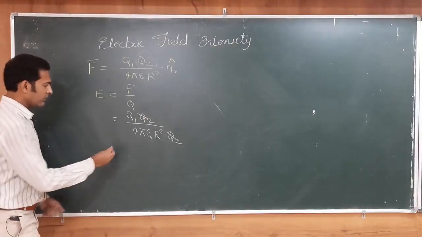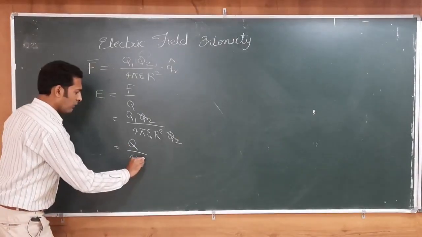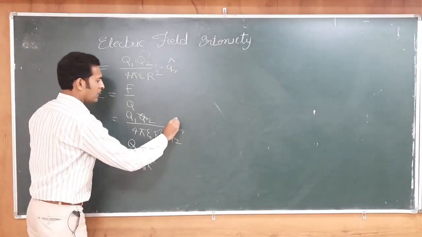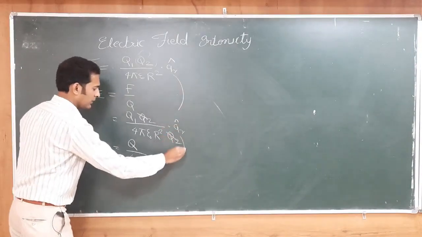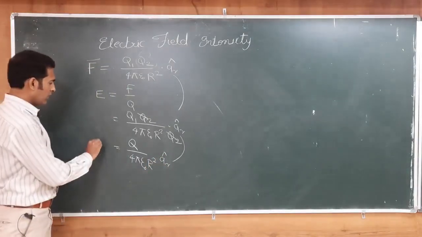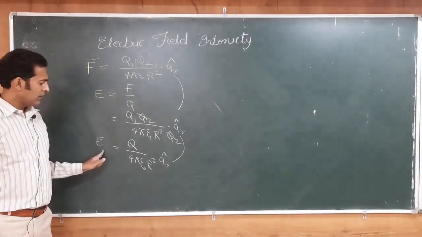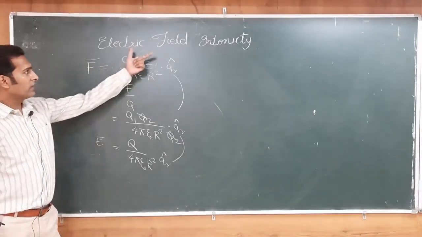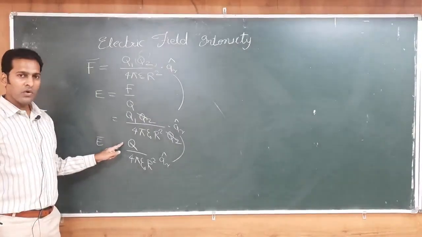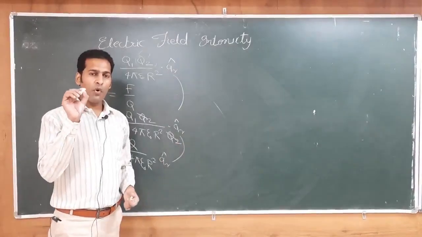So the remaining term will be Q divided by 4 pi epsilon naught r square, and we can add the direction component a_R cap. When we include the direction, we can add a bar on the head of E. That means now this is vector quantity. Electric field intensity is a vector quantity. Now this one is called as electric field intensity formula for a point charge Q.